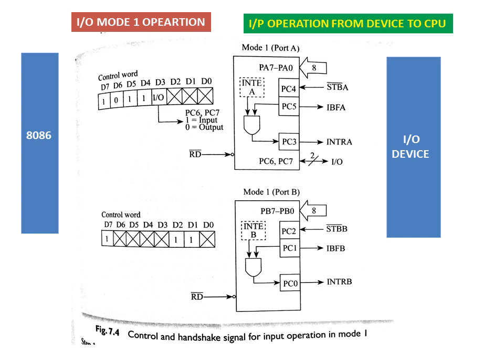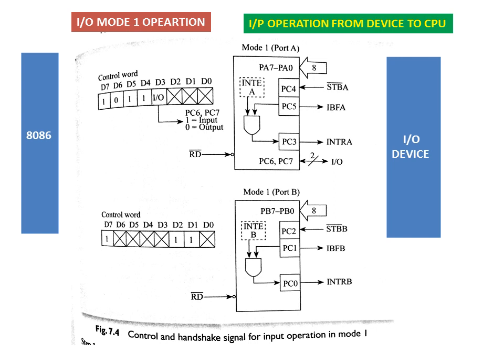Now this is the example for mode 1. Port A selected. Now when port A is selected, D6, D5 are 01. 01 indicating mode 1.